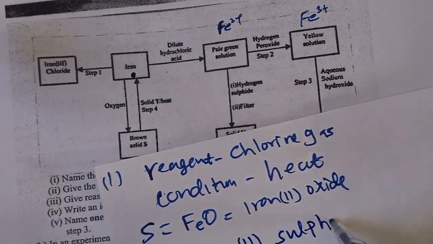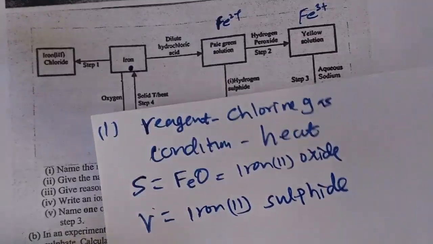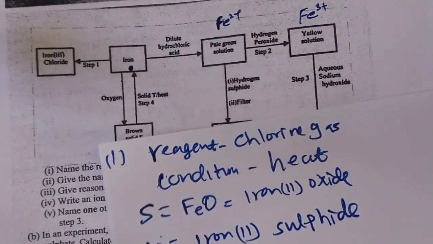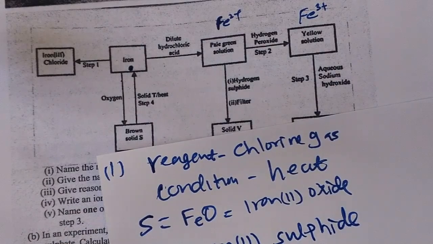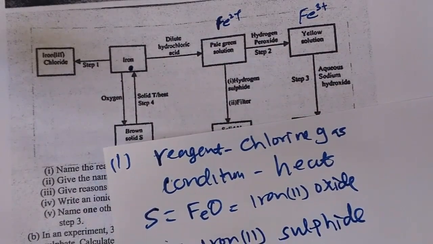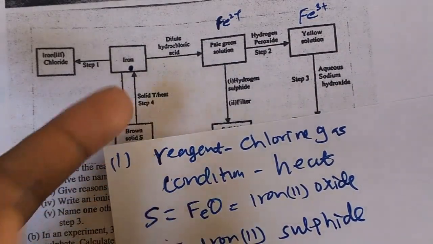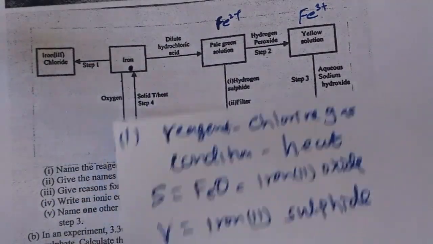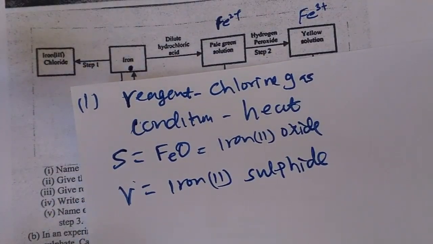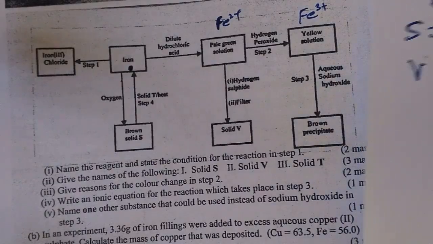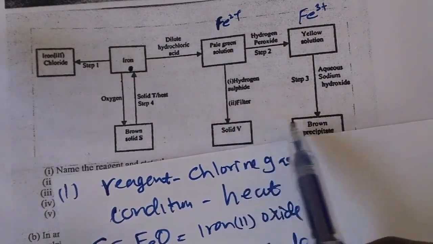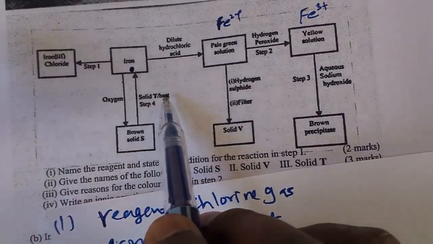So here you just need to understand the chemistry of sulfur and its compounds, chlorine and its compounds. That is what is being tested here, although they are starting from iron as a metal. Next, solid T. Where is solid T? Solid T is here.